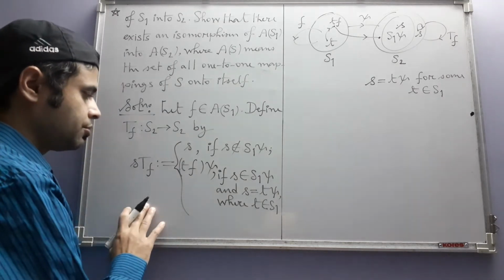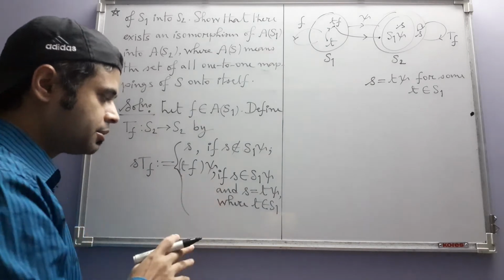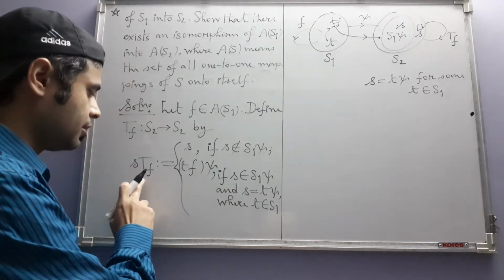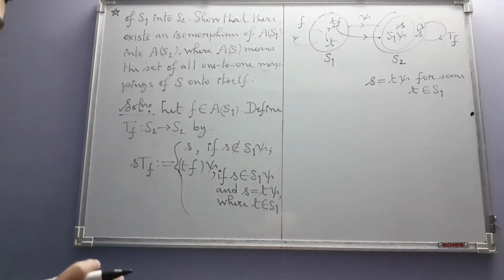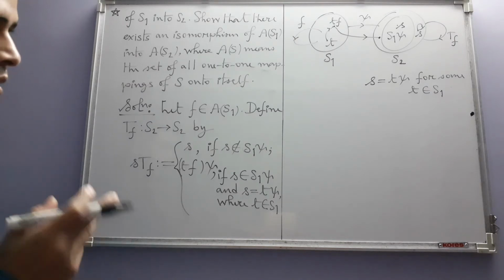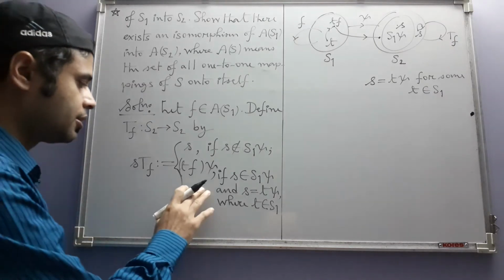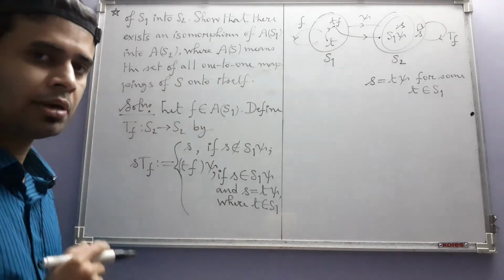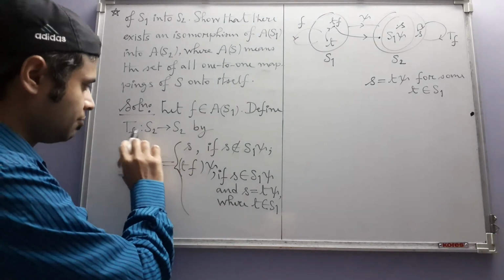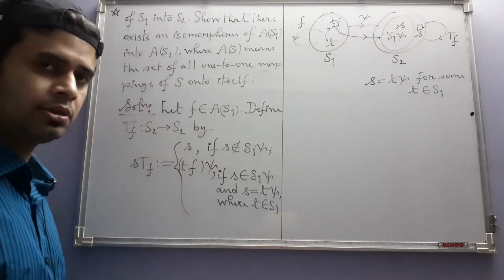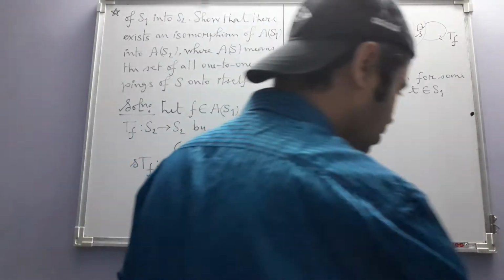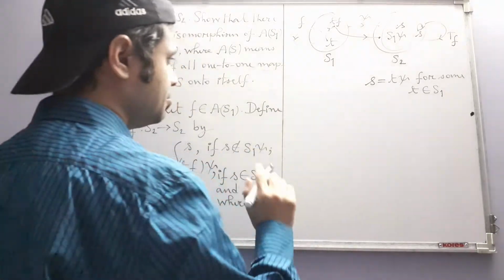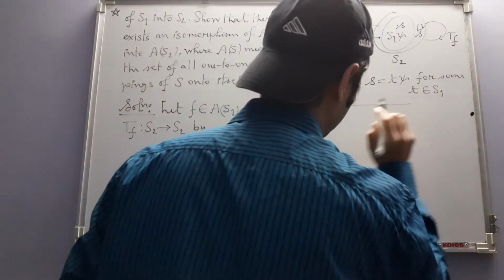Now we have to show that the outputs are actually unique for a given input. For a given input, we can have only one output. That we must make sure in order to say that TF is in fact a well-defined map from S2 into itself. Let me keep the figure like this.